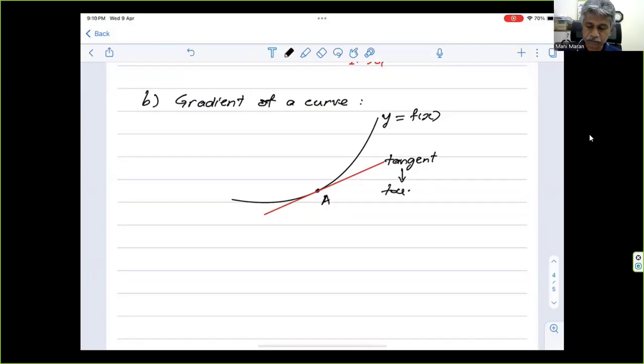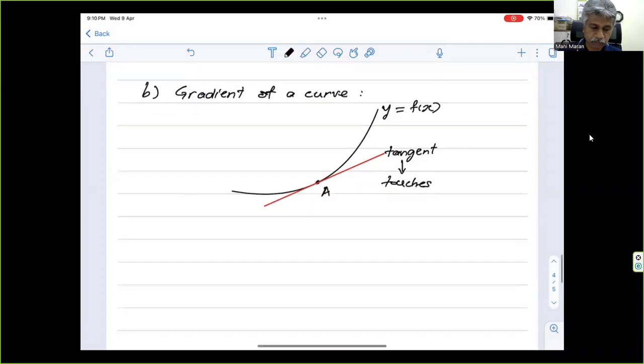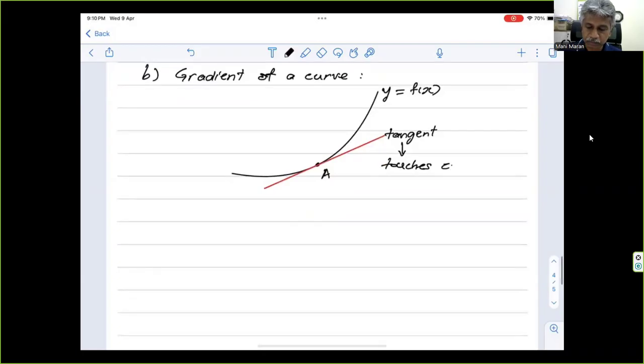A tangent to a curve is a line that touches the curve only at one point.